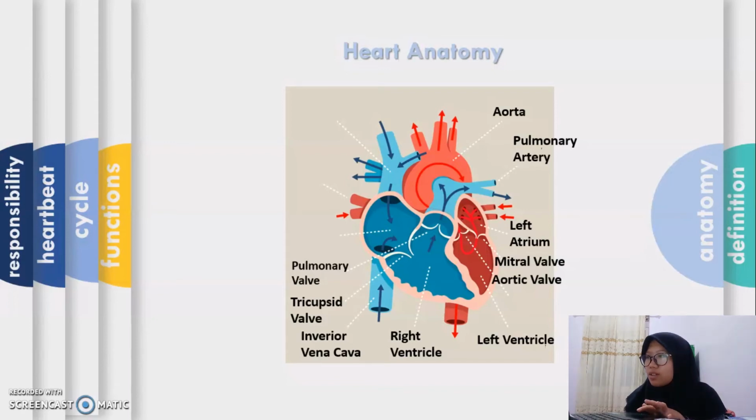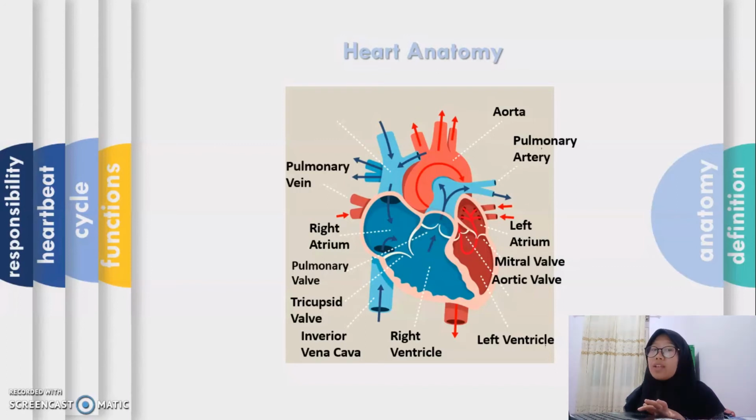Next is the right atrium. The right atrium is the right upper chamber of the heart that receives blood from the body through the vena cava and pumps it into the right ventricle, which then sends it to the lungs to be oxygenated.